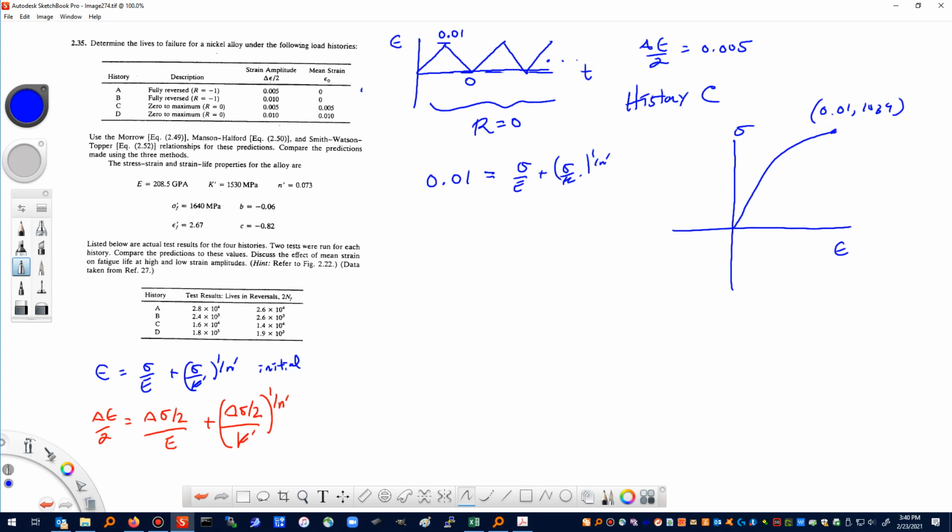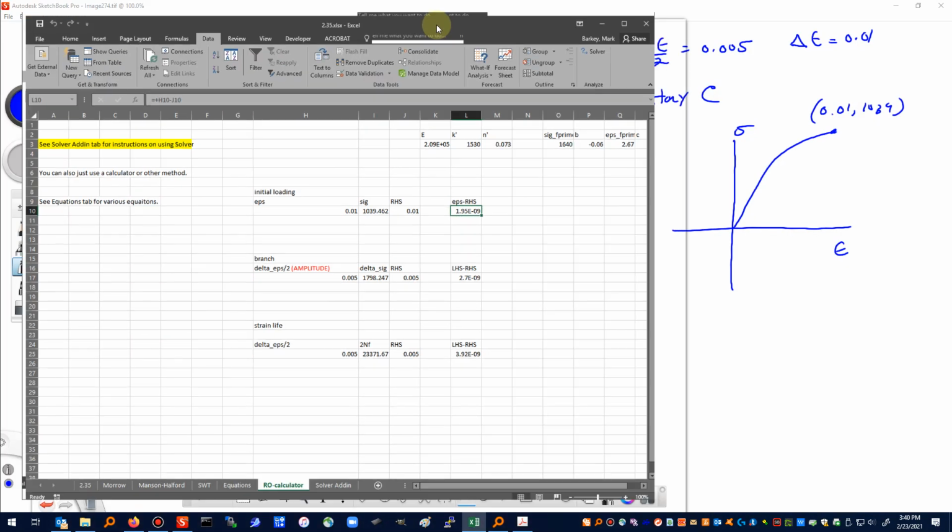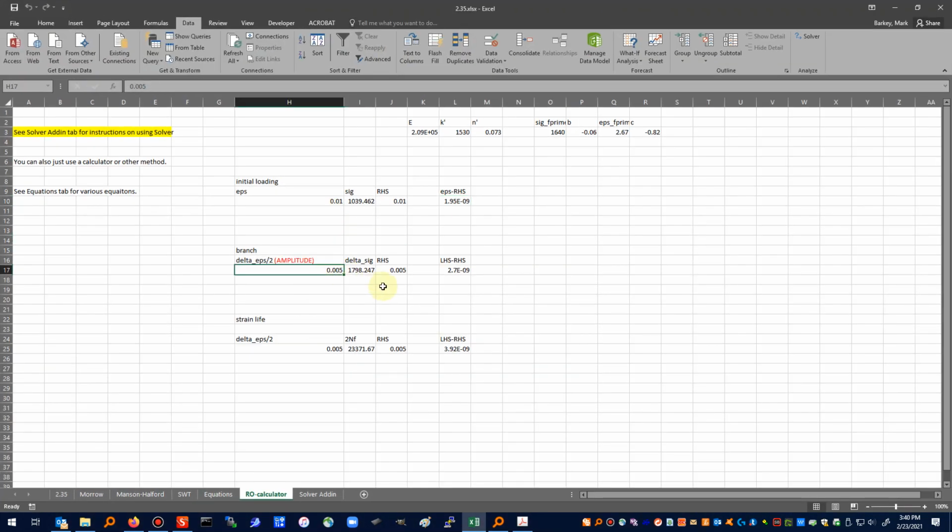Now my delta epsilon is going to be 0.01. It's the strain range from here to here. So I'm going to use my branch equation with a strain amplitude of 0.005. See, I put that in red to help remind me. This is the amplitude version I'm using. Let's put in some numbers.